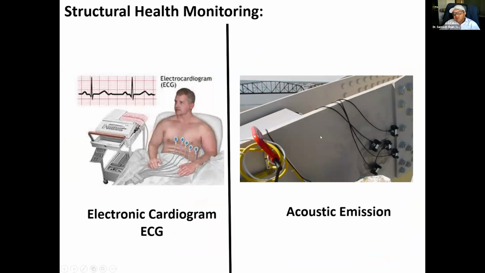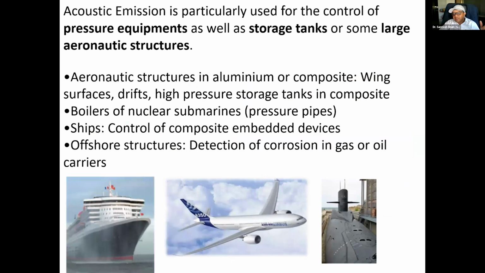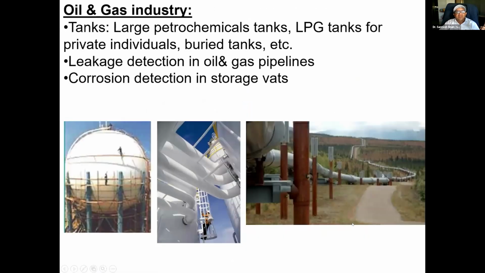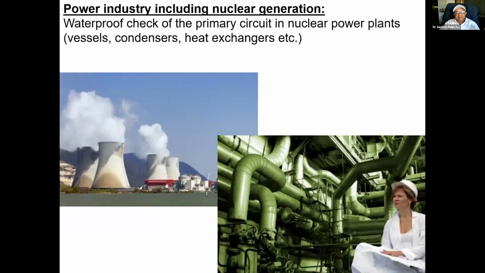Similarly, there is a technique called acoustic emission, in which I did considerable work during my PhD at the Indian Institute of Science, Bangalore. As you can see, these are the sensors kept on the structure, and remotely, not only those, any kind of structure, maybe a ship or an aircraft, or a huge tank or a pipeline, sensors can be kept there, and their signals will tell us whether there are any initiating cracks or not.